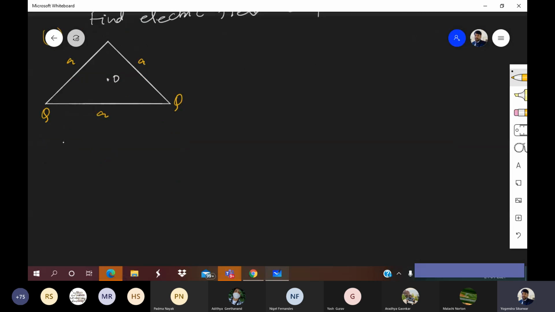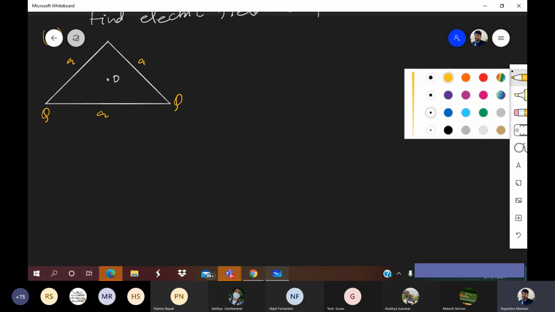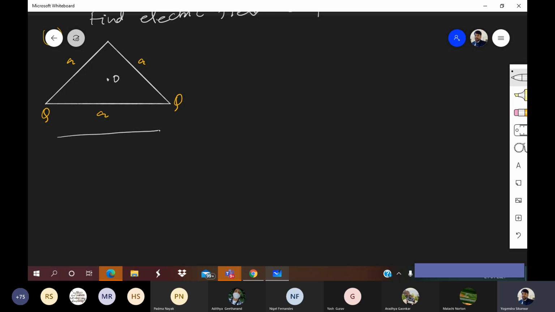Now for B part, just a second, let me use white. Please notice that I am keeping charge. In first part, charge is only at 2 corners, not at 3 corners. Charge is only at 2 corners.